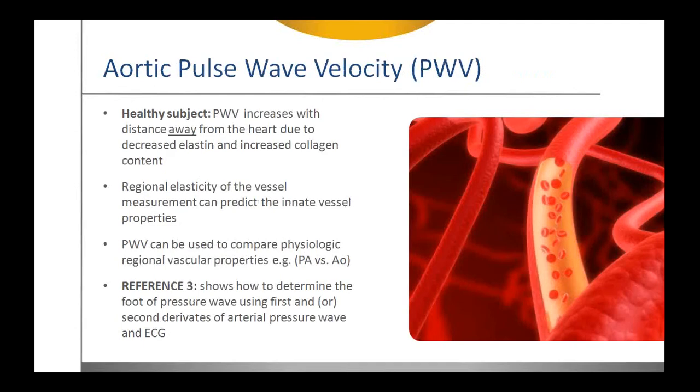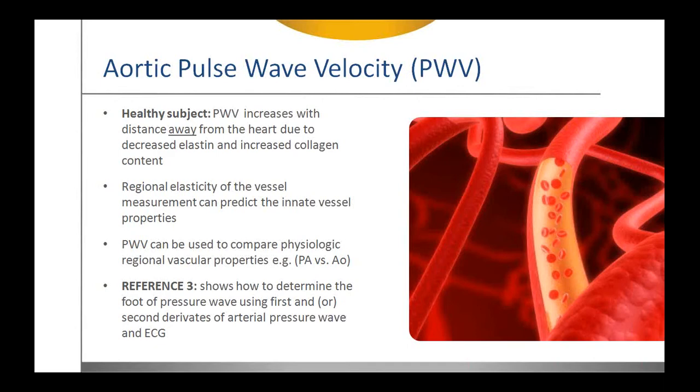In the aortic pulse wave velocity, in the healthy subject, pulse wave velocity increases away from the heart. For example, in the ascending aorta, elastin partially decreases the wave propagation, and collagen increases in amount in the descending aorta. It speeds up the wave propagation. This is in healthy subjects.